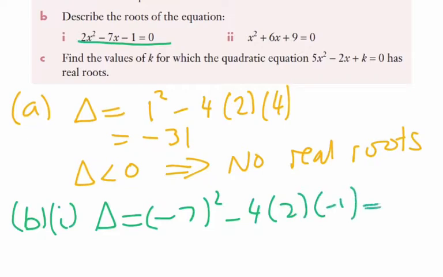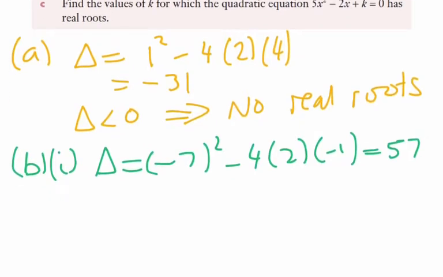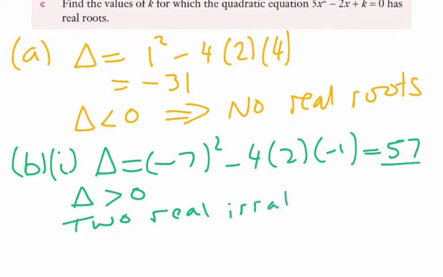So if I calculate that, that's going to be 49 minus 4 times 2 times minus 1. You're going to get 57. Now that is not a square number. It's positive, so I would say my answer for this would be delta is bigger than 0. So I've got 2 real roots, and because this is not a square number, I would say 2 real irrational roots.